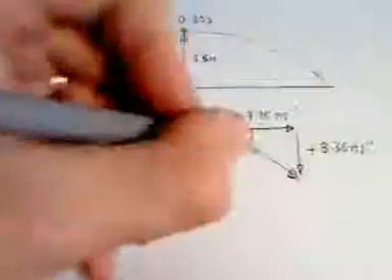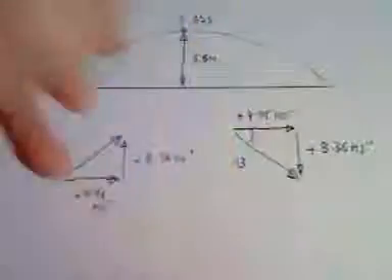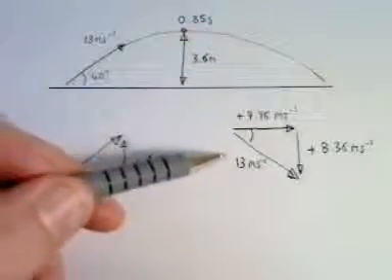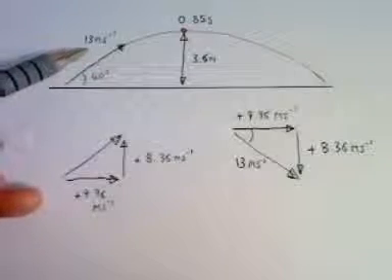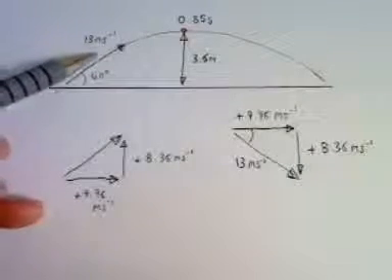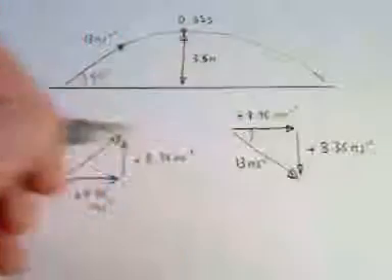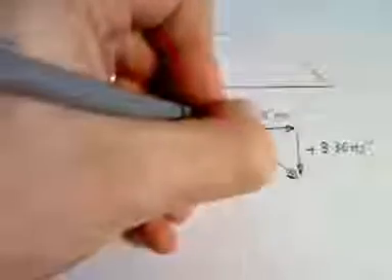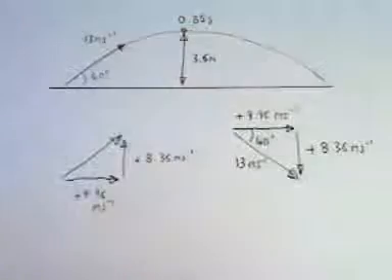So actually the overall velocity on landing, you could use Pythagoras theorem if you want to confirm it to yourself, is 13 meters per second, which is the same as the original overall velocity at launch. And the angle, instead of being 40 degrees above the horizontal, will be 40 degrees below the horizontal.